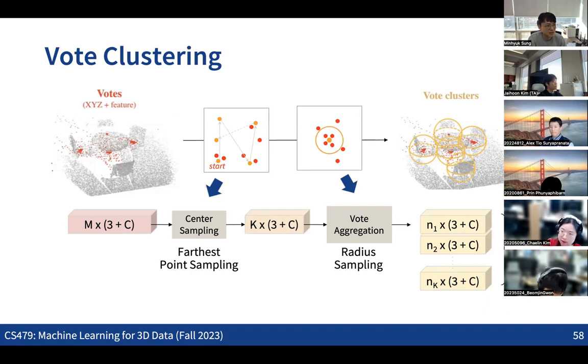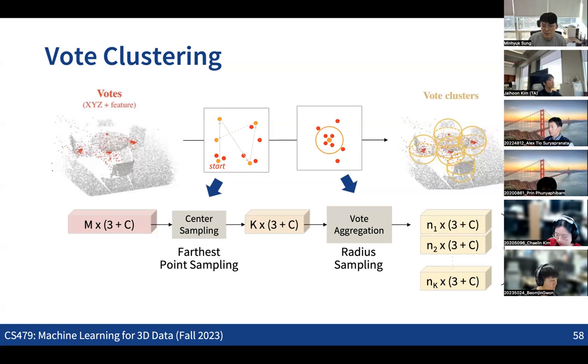But in this framework, even using a simpler idea for this kind of clustering, which is first doing some kind of farthest point sampling. So farthest point sampling is basically nothing but iteratively adding points. Basically adding a new point which is the farthest one from all the previously selected ones.